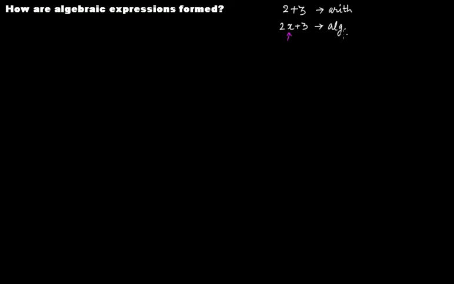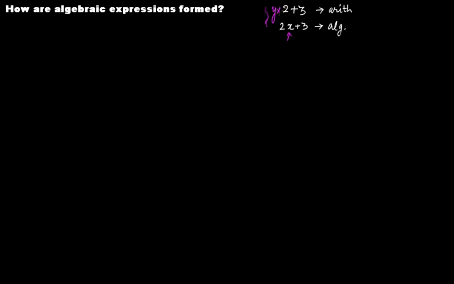That makes it an algebraic expression. If you multiply by y, y times 2 plus 3, this also becomes an algebraic expression because now it has a variable. That's the basic difference between arithmetic expression and algebraic expression.